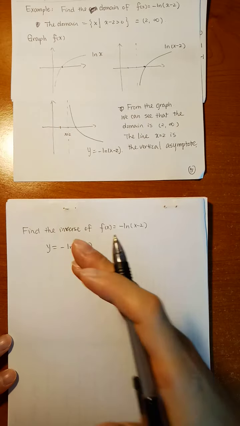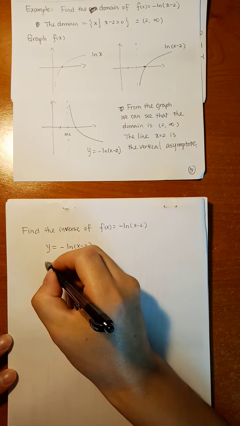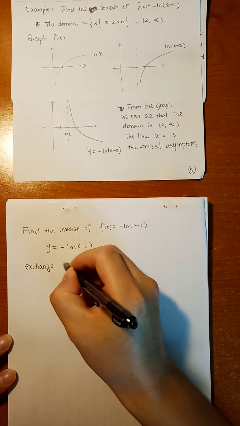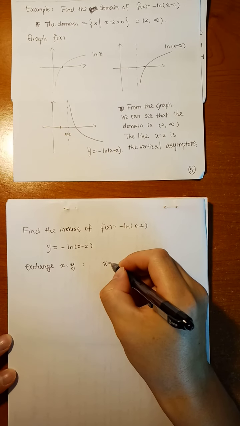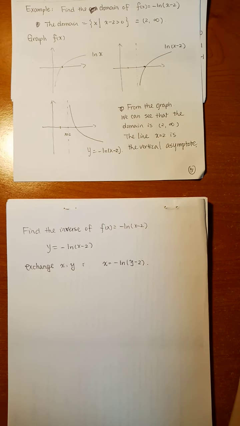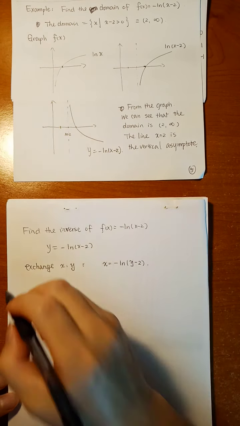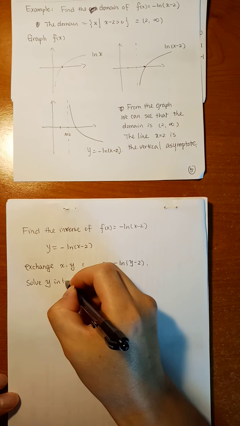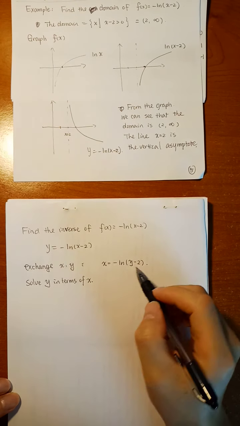And second, we exchange x and y, only the symbols. So we get x is equal to negative ln of y minus 2. And then we solve for y in terms of x.